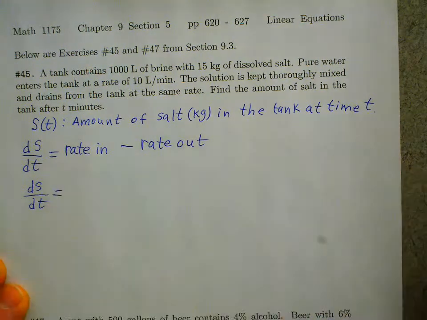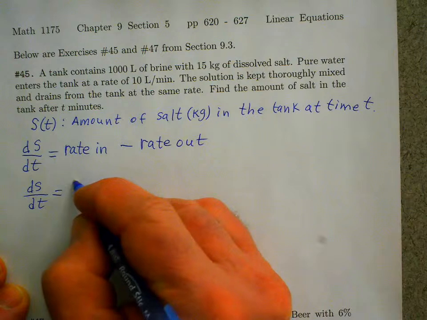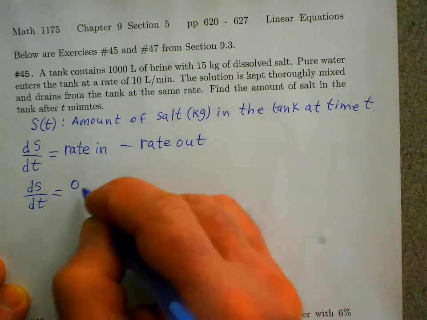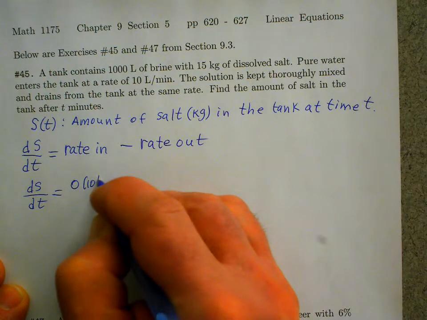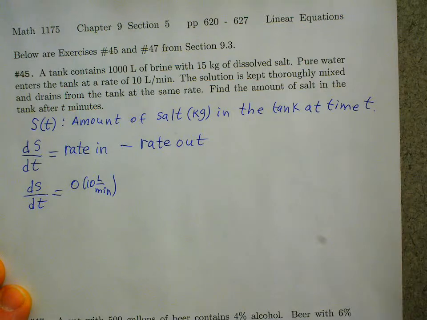So the rate at which salt is being pumped into the tank is 0 times 10 liters per minute, if you want to be more technical. But 0 times that is just 0.